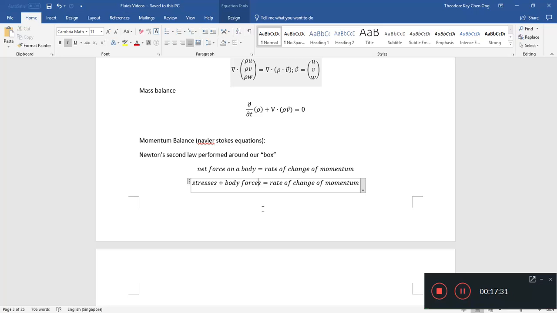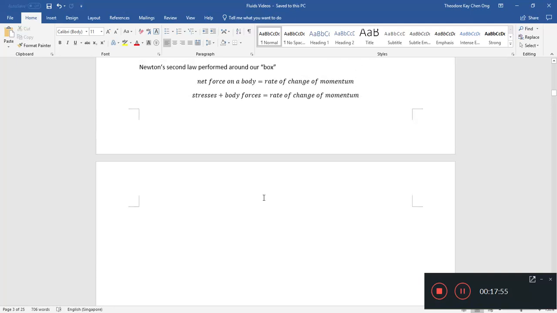That's because a plasma is a fluid as well. It conducts electricity, and therefore it can also be affected by a magnetic field. Okay, so these are the body forces. But for now, we don't consider magnetism, we'll just consider gravity. And the rate of change of momentum, well, let's talk about that maybe later. Okay, so I'll try not to keep this video too long. Let's talk about the stresses first.